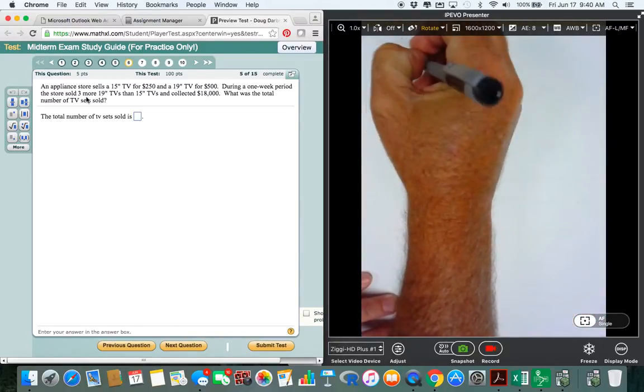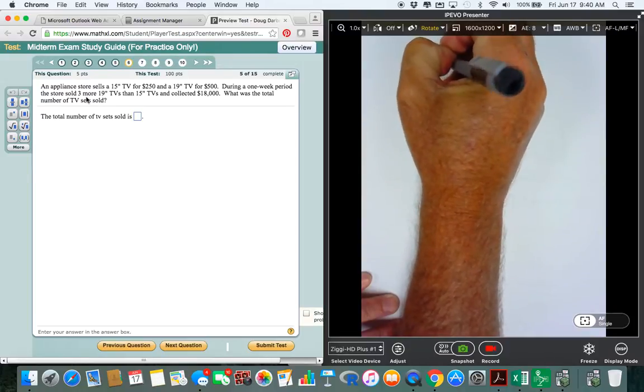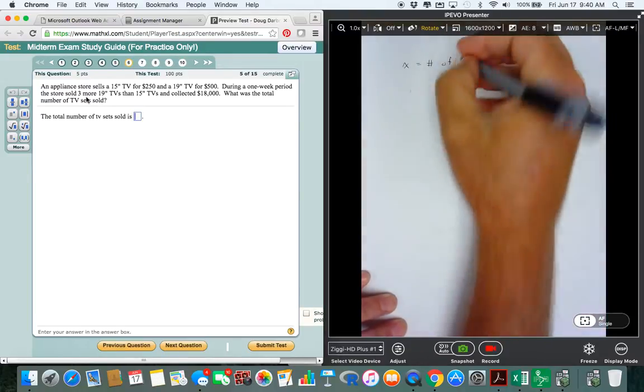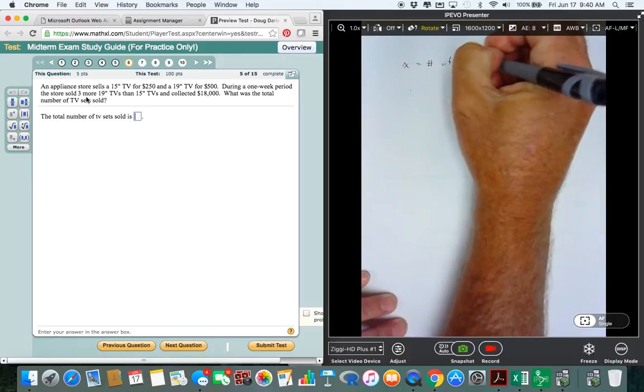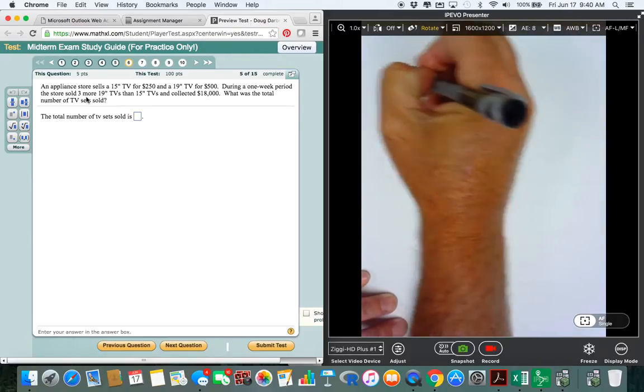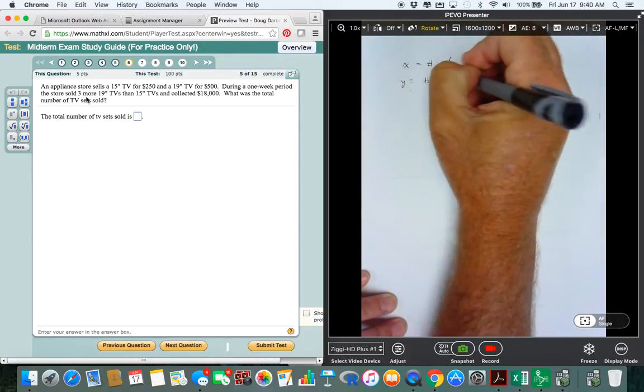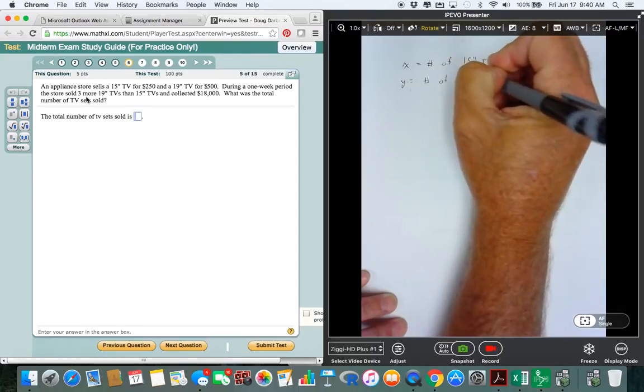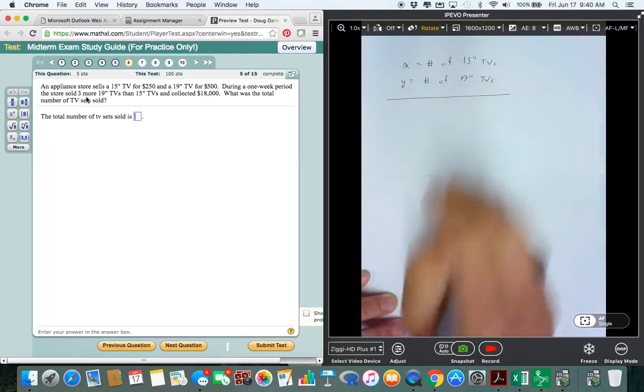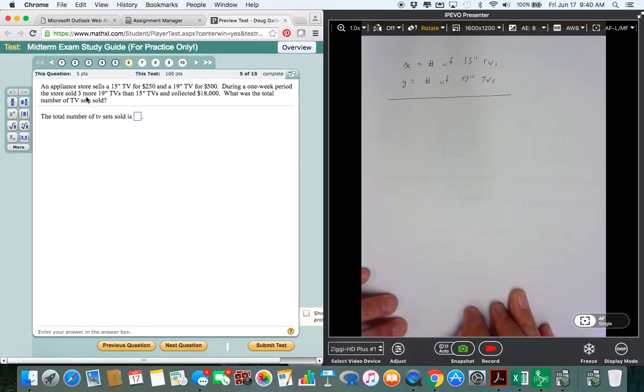So I'm going to let X equal the number of 15-inch TVs. And I'm going to let Y be the number of 19-inch TVs. All right? So price plus price will have to be equal to price.